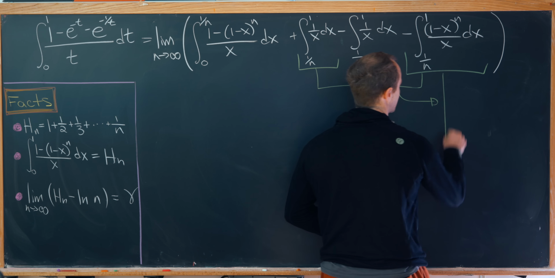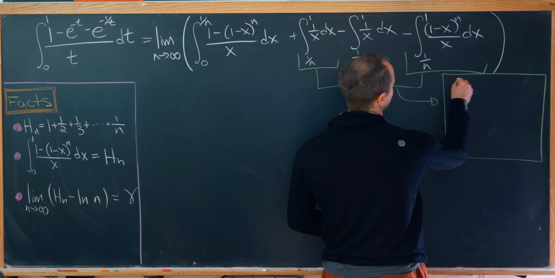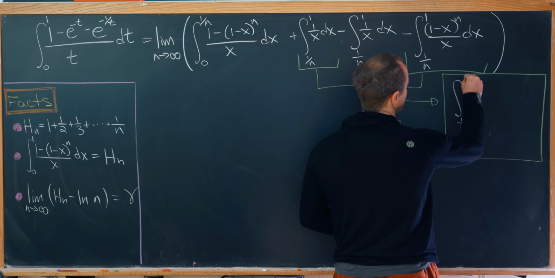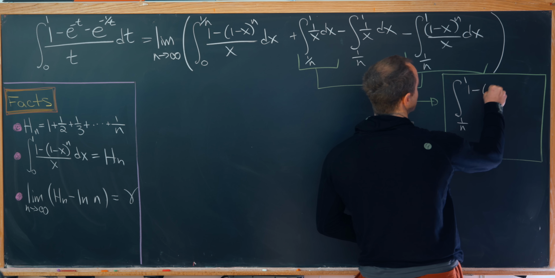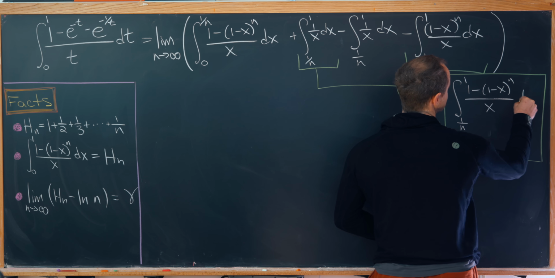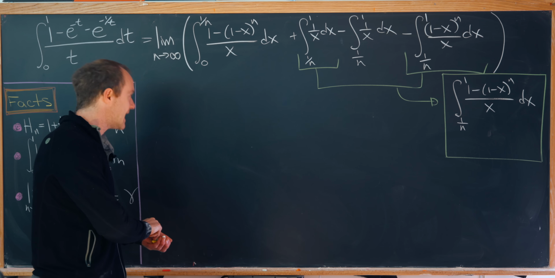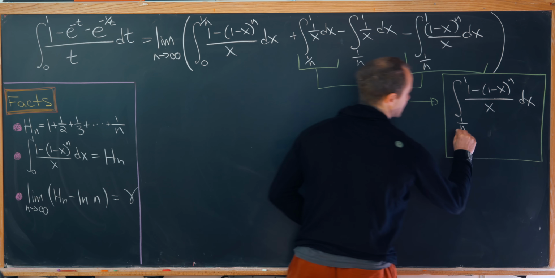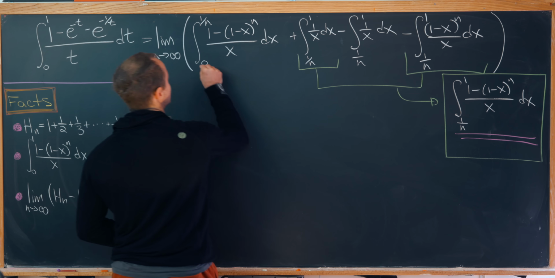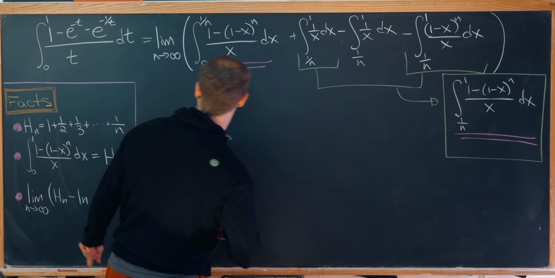So these are going to combine into the following object. We'll have the integral from 1 over n up to 1 of (1 minus x) all to the n power all over x dx. So we're left with something like that. But now, this integral that we've just built, together with this integral that we have, will combine to this fact over here.